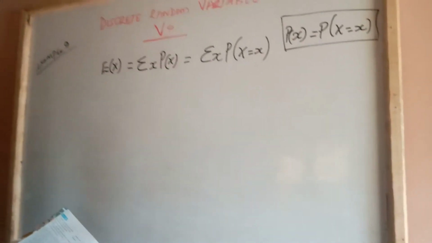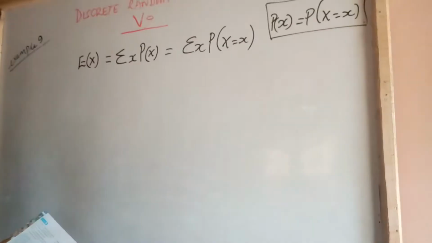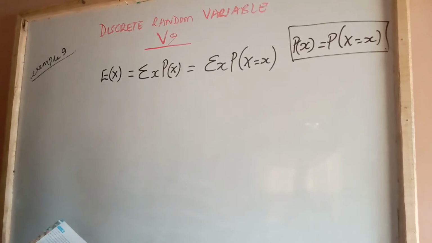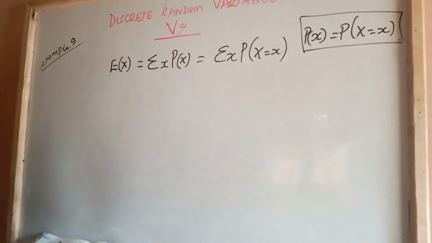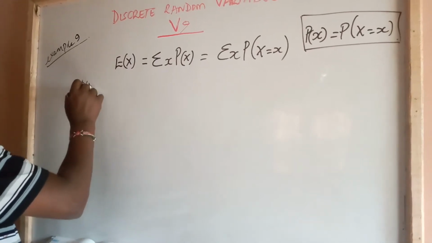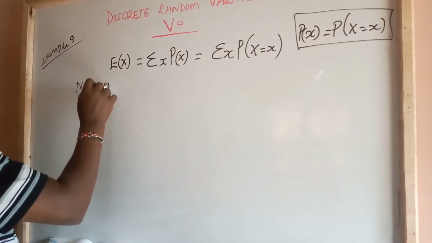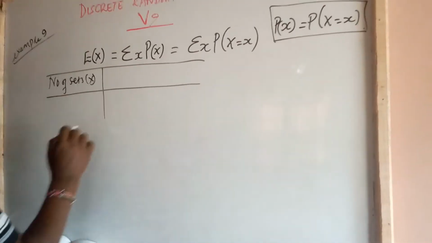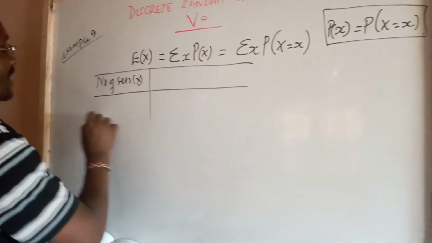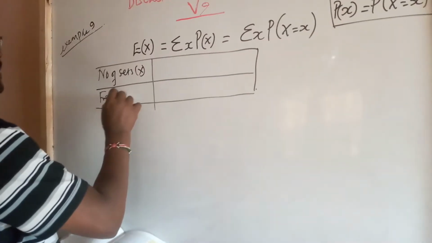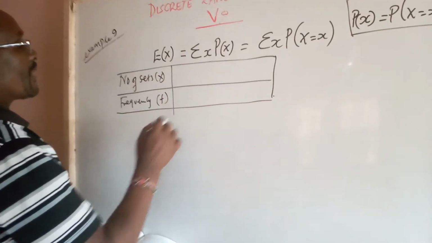Say the number of television sets per household in a survey of 100 houses in a town gave the following frequency distribution. We have the number of sets, which is going to be our x, and the number of households, the frequency, which is obviously our f.